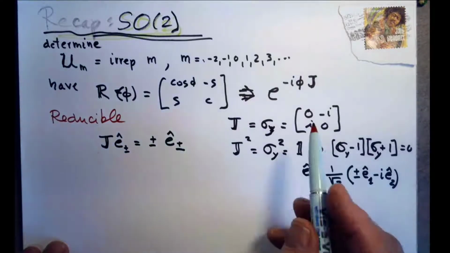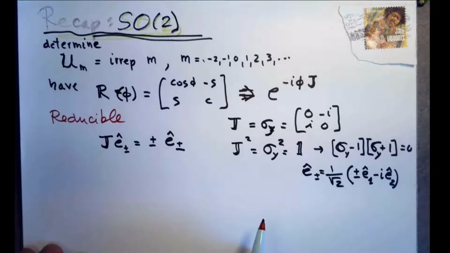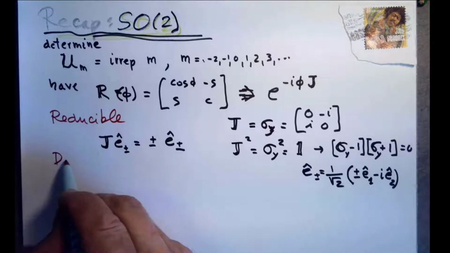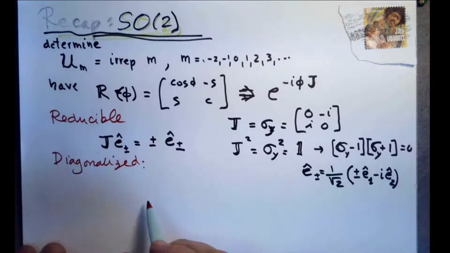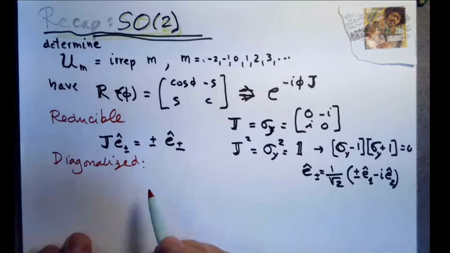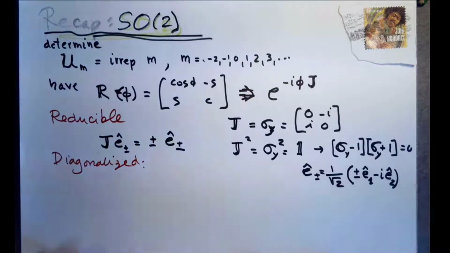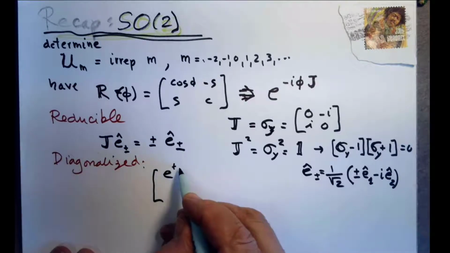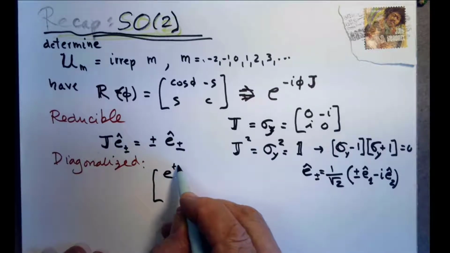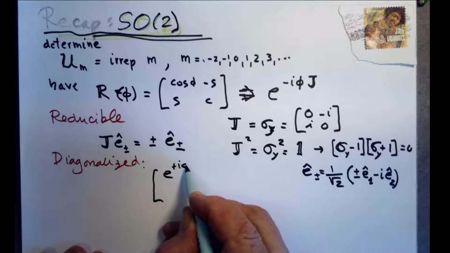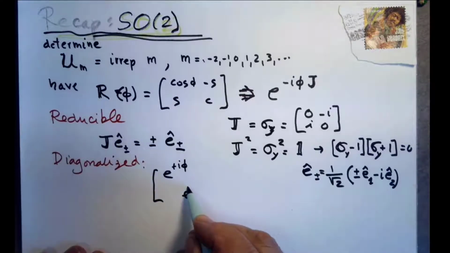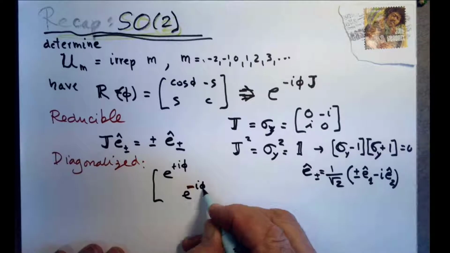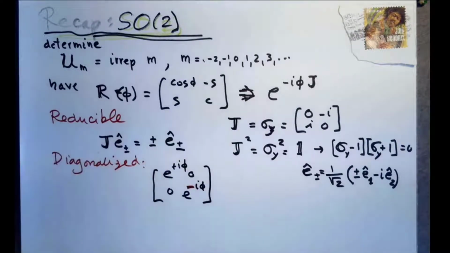Once we have them, we can go to the group elements by exponentiating them. Diagonalized, this 2-dimensional representation actually becomes 2 1-dimensional representations. So you can think of them as e to the plus I phi, and e to the minus I phi, with 0s off the diagonal. And these are 2 irreducible representations.